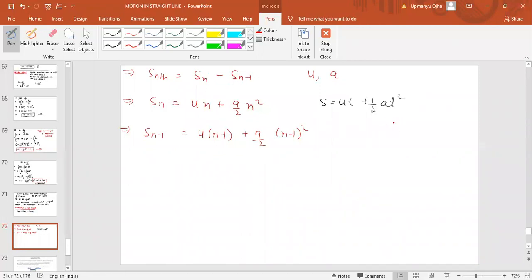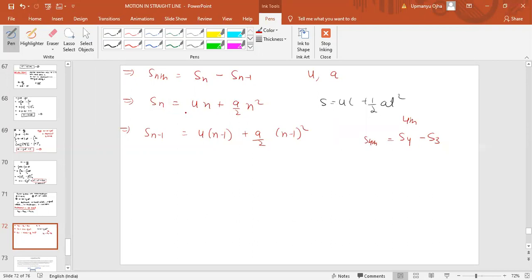Like if I have to find displacement in the 4th second, what do I have to do? I have to find displacement in 4 seconds and displacement in 3 seconds. So 4 seconds minus 3 seconds will give us the displacement in the 4th second. That is what we are doing now.